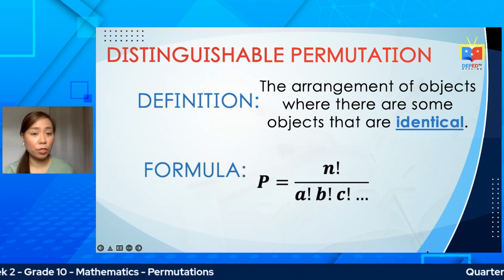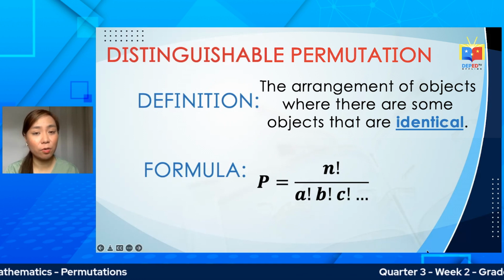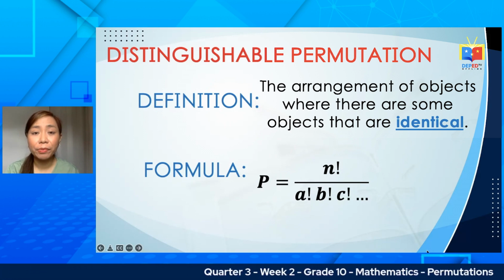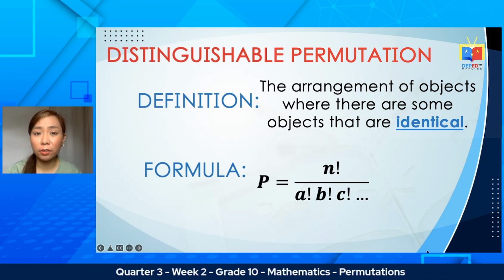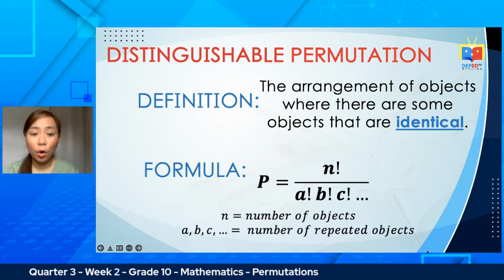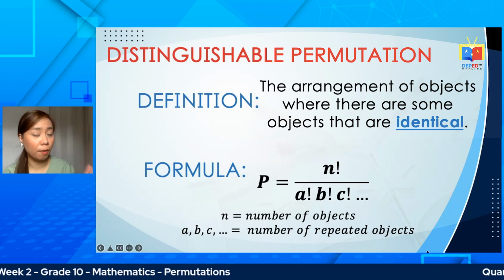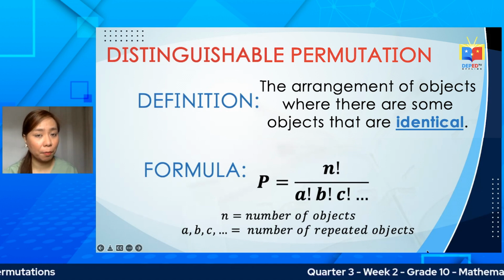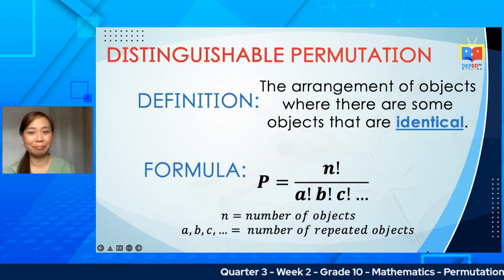The formula that we use is P equals N factorial over A factorial, B factorial, C factorial, and so on, where N is still the number of objects and your A, B, and C's are the number of repeated objects.